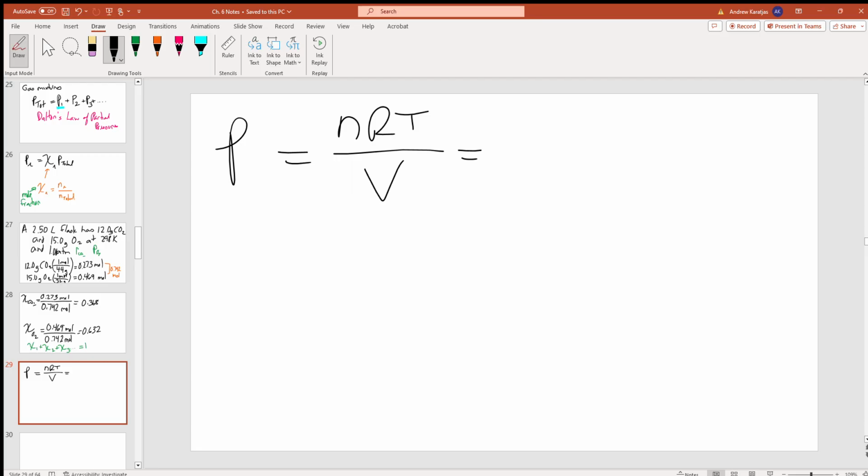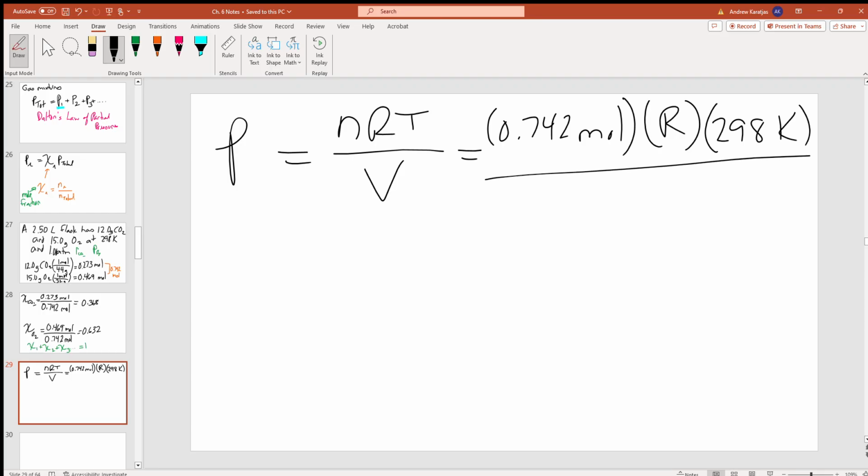Recall our number of moles we've calculated, and this is going to be our total moles because we're looking for total pressure here, times R, and just so I don't run out of room, I'm just going to leave R there, times the temperature over the volume of 2.50 liters.